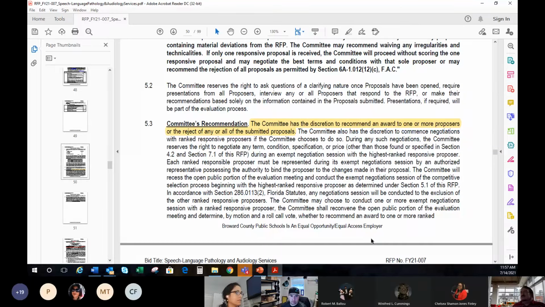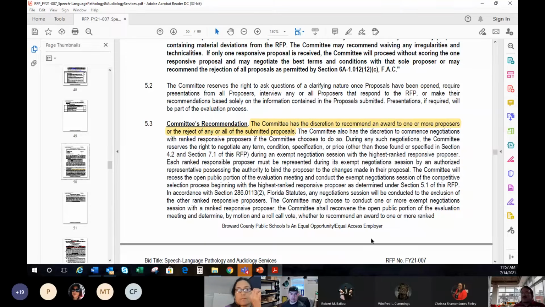During an exempt negotiation session with the highest ranked responsible proposer, each ranked responsible proposer must be represented during its exempt negotiation session by an authorized representative possessing the authority to bind the proposer to the changes made to their proposal.